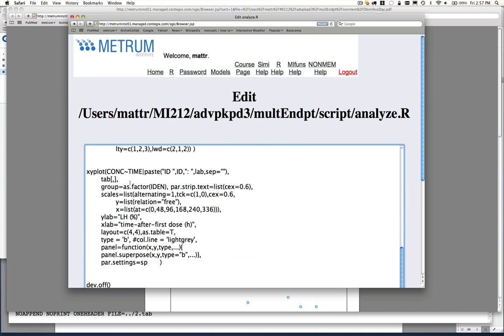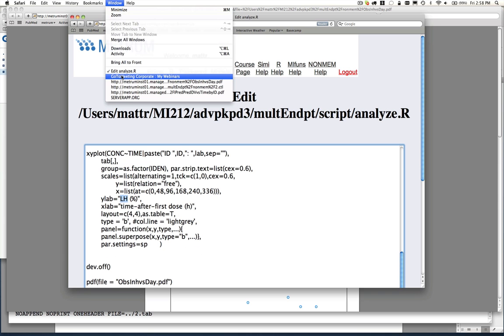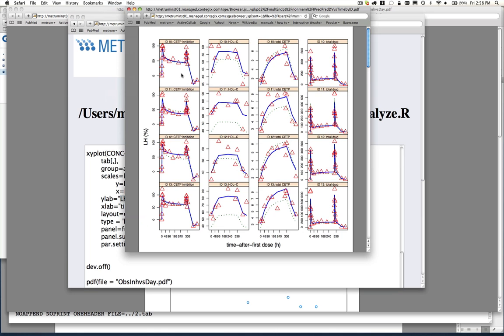And looking at the concentration, in this case, each of the PK and PD values versus time. You can tell I copied code from the last lecture. This should actually be just DV here. But we can go back and look at how well the fit was to the inhibition data.